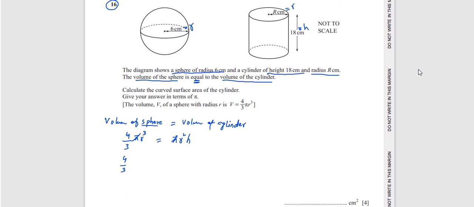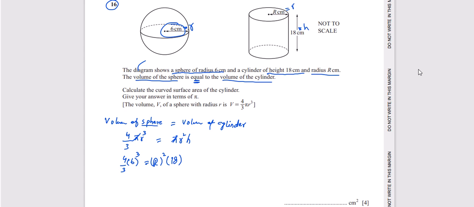So 6 raised to the power 3 is equal to capital R raised to the power 2 into H, the volume of cylinder. The value of H means height, that is equal to 18. So calculate these values.